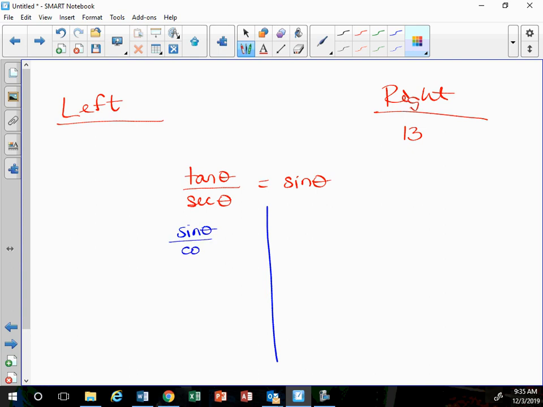Tangent is sine over cosine. Secant is 1 over cosine. So that's going to create sine over cosine times cosine over 1. Sine equals sine. We good on that one? Okay.